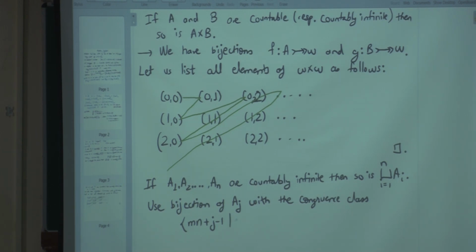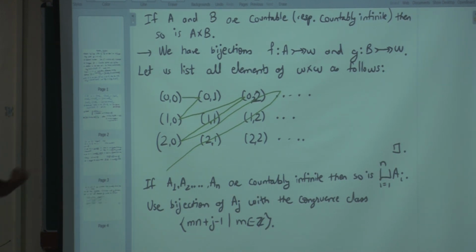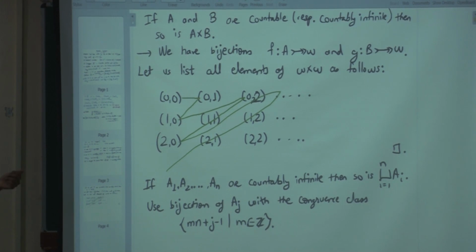m belongs to the integers. I can also do it with integers, which we have already proven to be countably infinite. So I can establish this. What is the congruence class? This is precisely the congruence class. So the congruence class modulo n of 0 is 0, n, 2n, minus n, minus 2n, all of them.